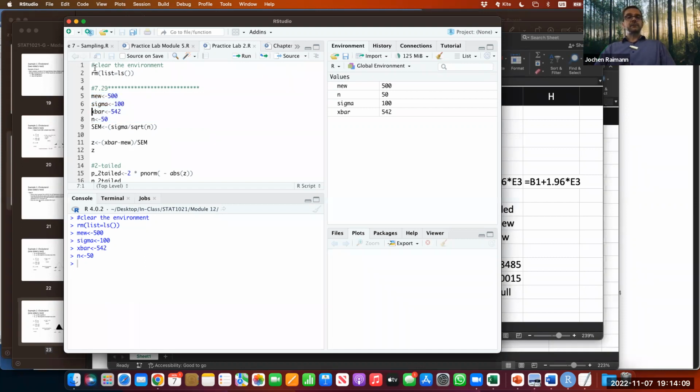So Control Enter will basically run each line. And also for SEM, the standard error of the mean is line number 9, a calculation in the same fashion as we have done in Excel, but now expressed here with those variables we defined at lines 5 to 8.